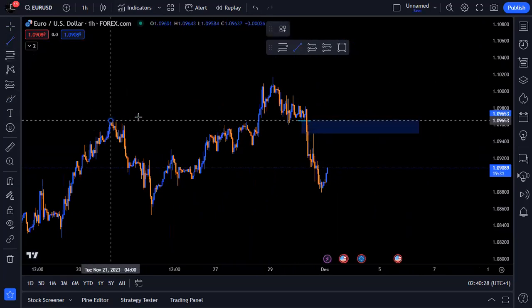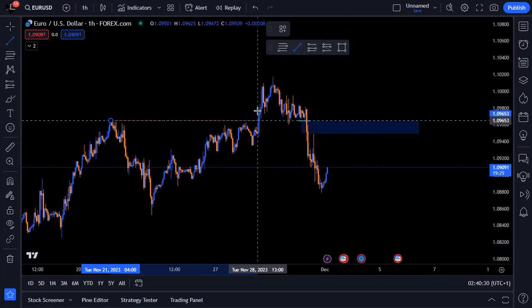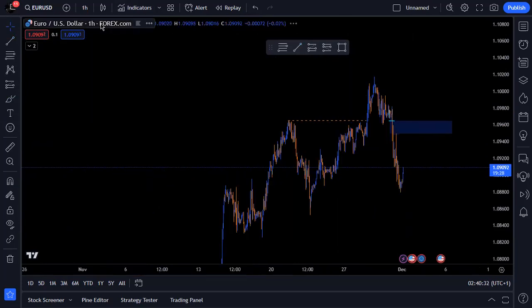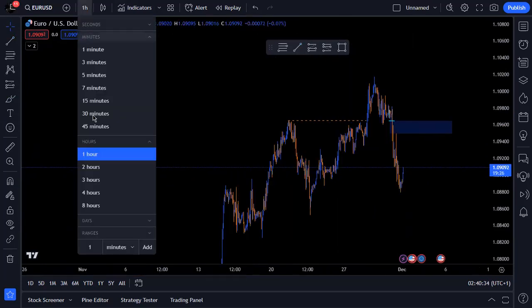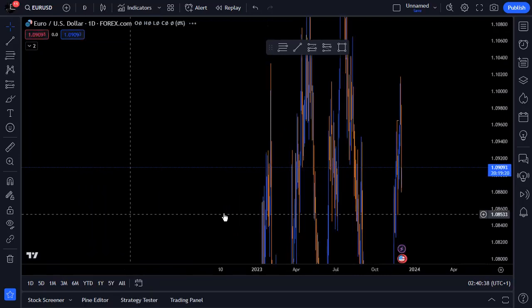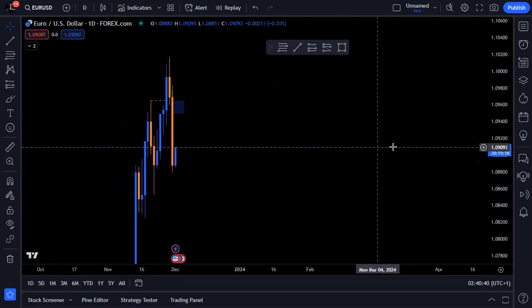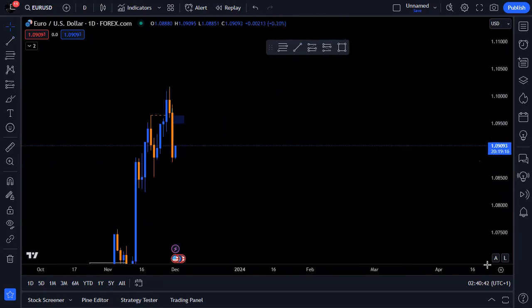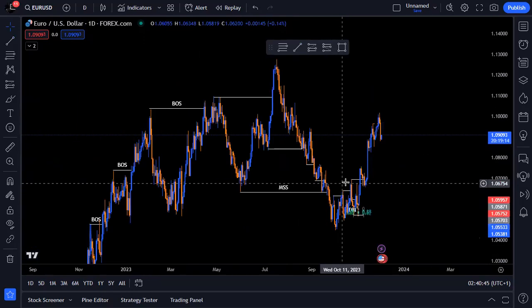Now let me give you an instance, and I want to run a quick analysis on USD using this imbalance. Let us go to my daily time frame. Let's assume on a daily time frame I see something like this.